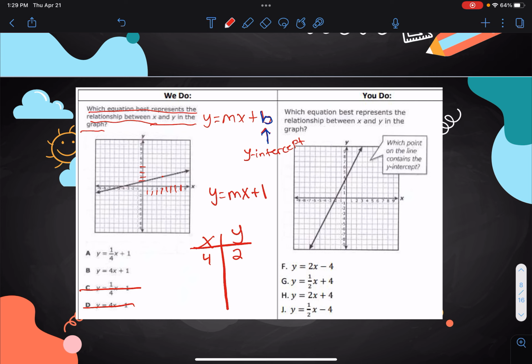Okay, so now we take our y value, which is 2, and put it over our x value. What do we get? 1/4. So your answer should be A.